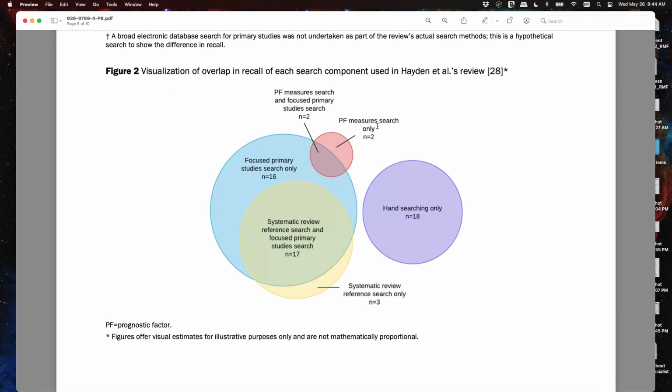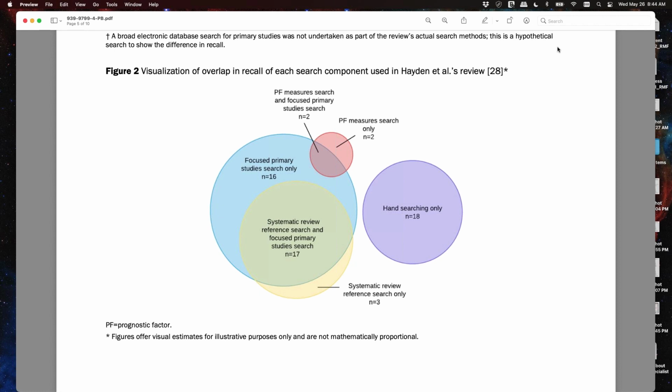But what I find really striking to me is that the hand searching techniques had absolutely no overlap with the other types of study identification methods. And that's a really interesting finding, because I would have expected the focused primary electronic database search and the hand searching to not overlap.